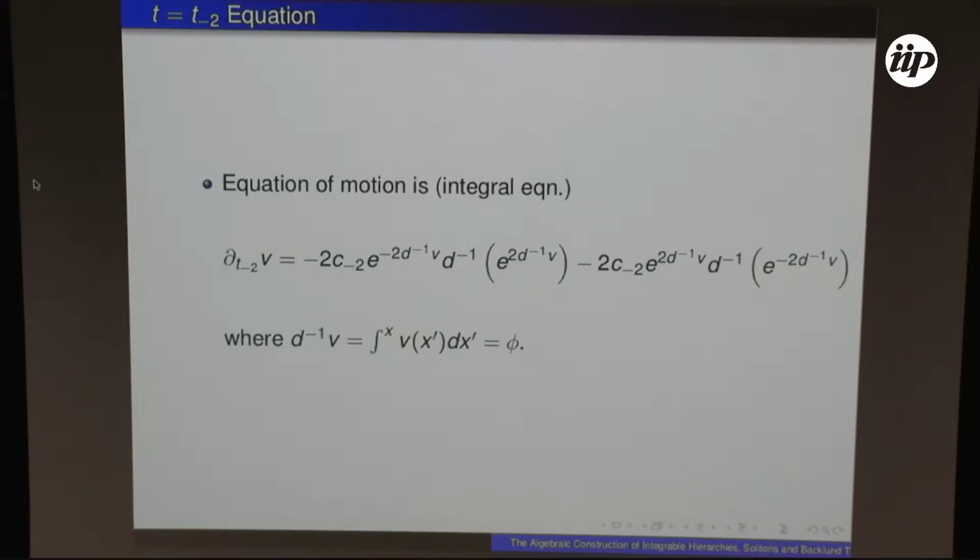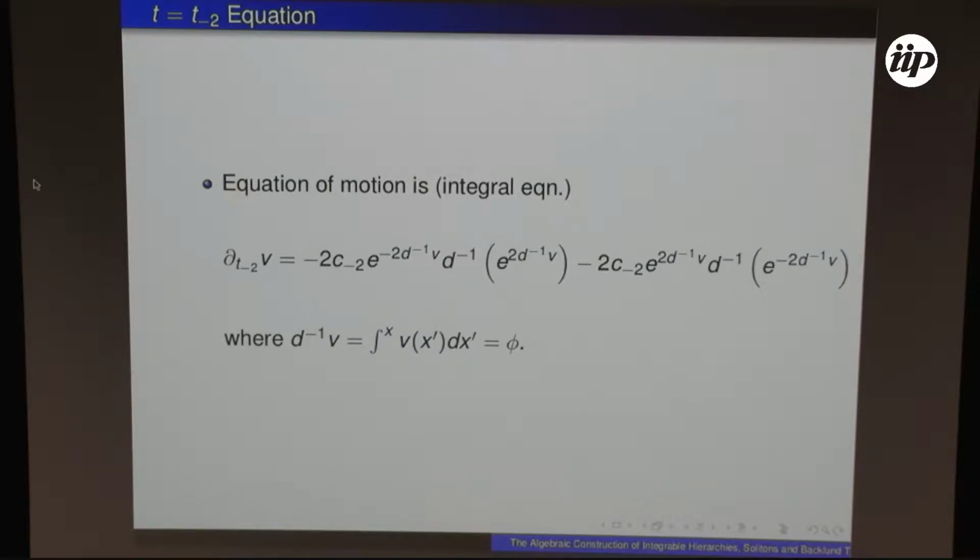For the sine-Gordon, I managed to change the variable and absorb one d^{-1} in changing these variables. For t_{-2}, I couldn't find a clever variable to make this equation local. But nevertheless, it is a perfectly honest integrable equation. You have all these d^{-1}s there.